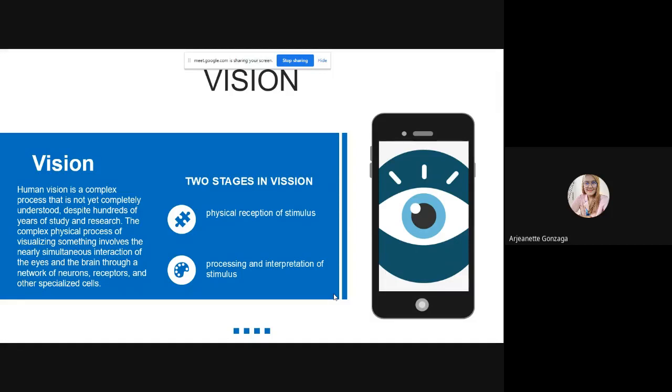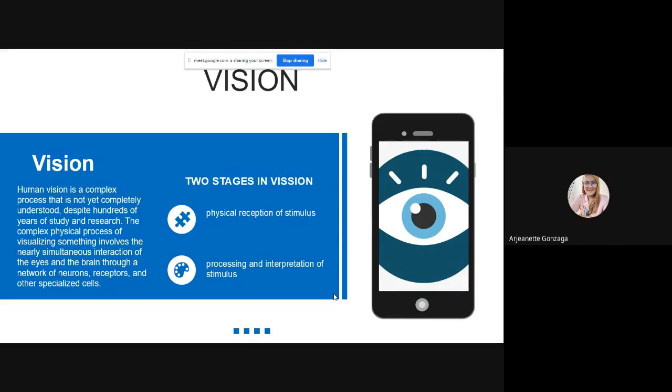So, si human eye natin, nakakakita ng lights and colors to differentiate the perception of depth. The physical reception of stimulus has mechanisms for receiving light and transforming it into electrical energy.